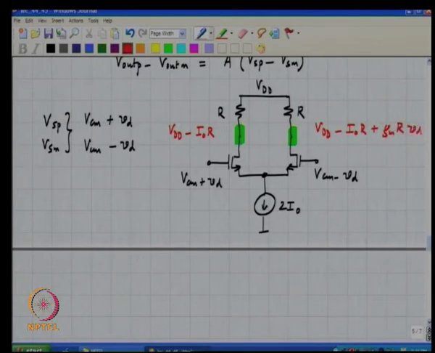What about the left side? It's minus GM R into VD.